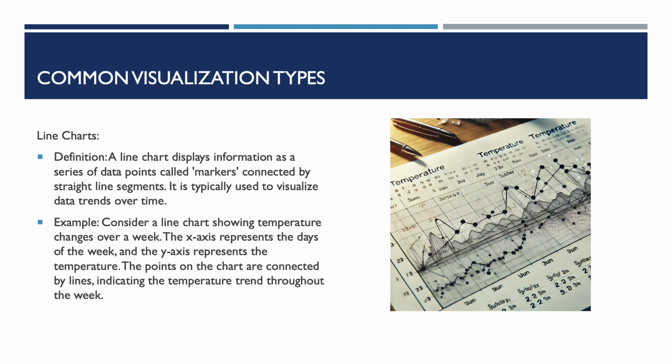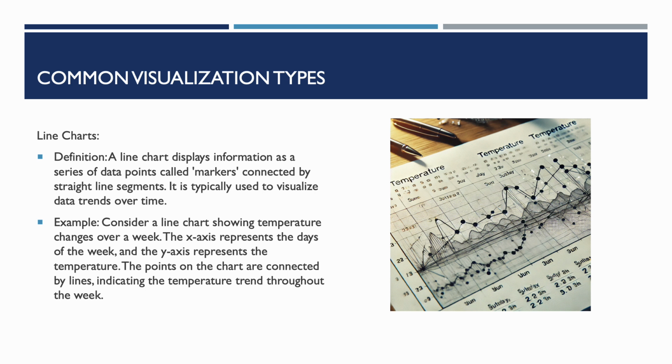Next is line charts. So a line chart displays information as a series of data points which are called markers, connected by straight line segments. It is typically used to visualize data trends over time. So if you see the example, consider a line chart showing temperature changes over a week.